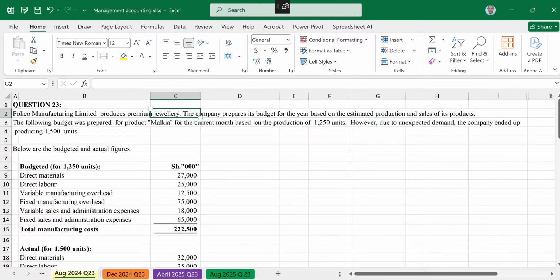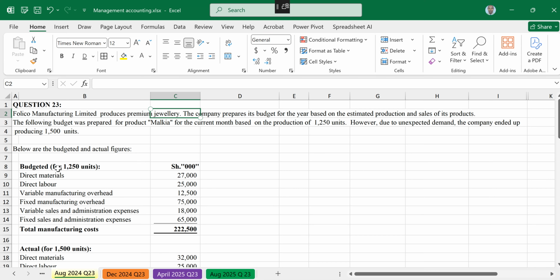The following budget was prepared for product Malkia for the current months based on the production of 1,250 units. However, due to unexpected demand, the company ended up producing 1,500 units.